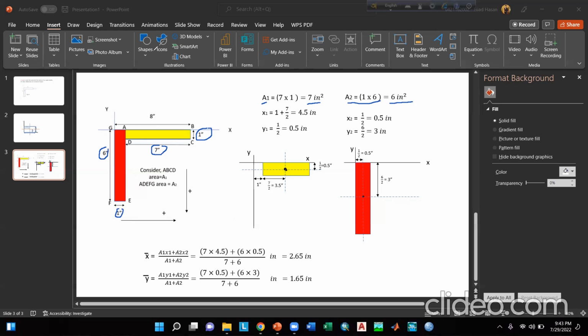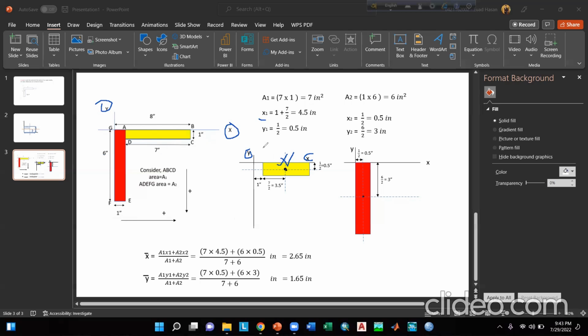Now, we have to calculate the centroidal distance of these two separate rectangular portions from the reference x and y axis. So, here is our reference x-axis and our reference y-axis, and it is our rectangular area A1. So what will be the centroidal distance x1?